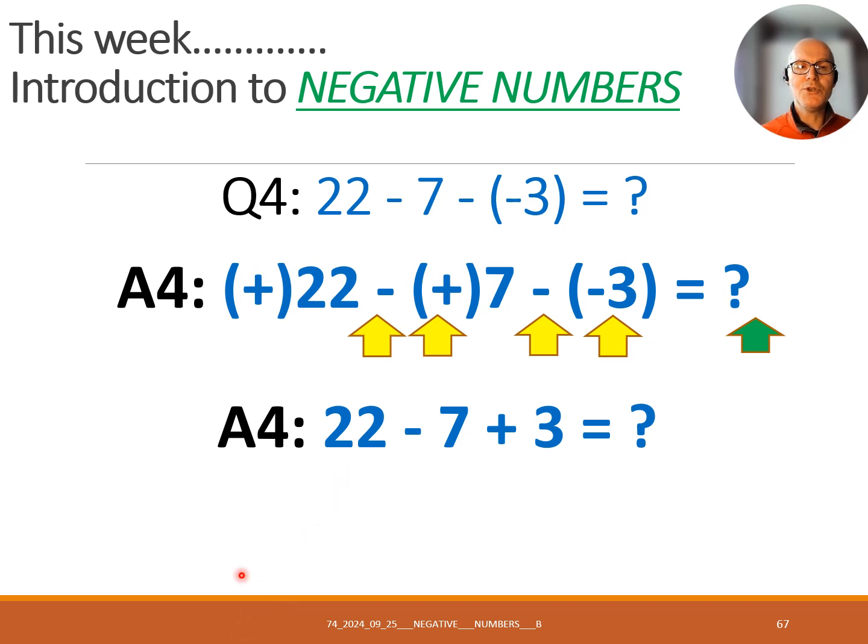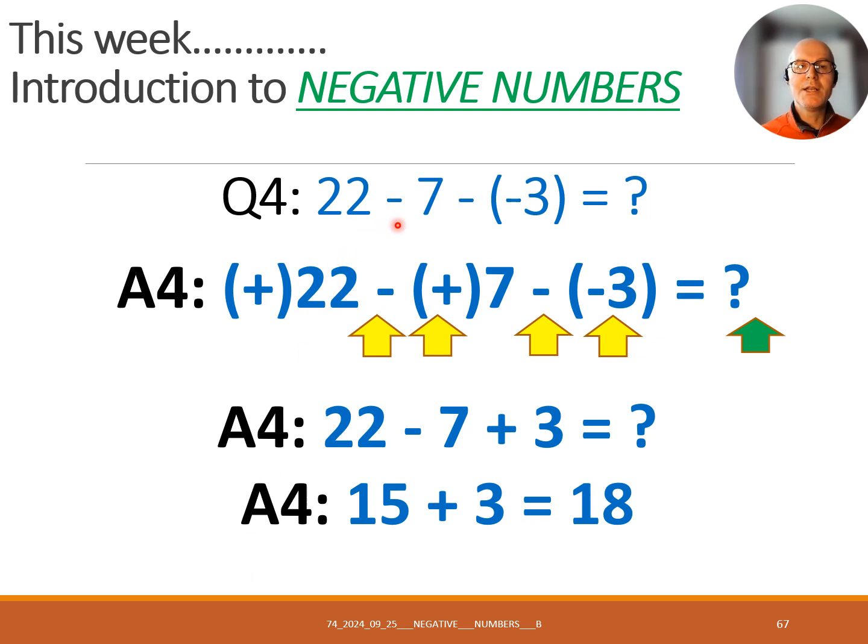BODMAS, 22 subtract 7 is 15, add 3 equals 18. So 22 subtract 7 subtract negative 3 equals 18.